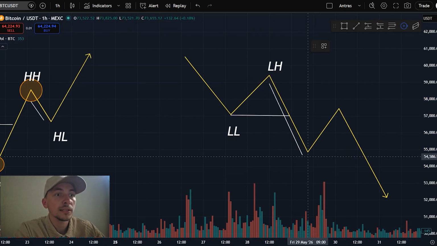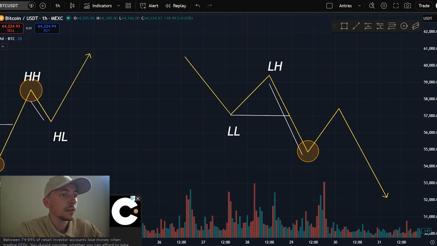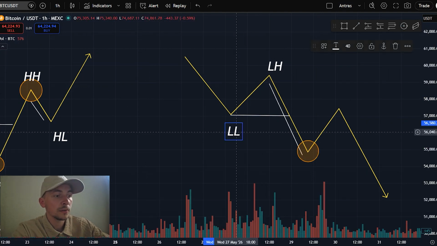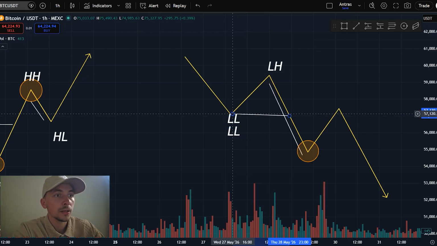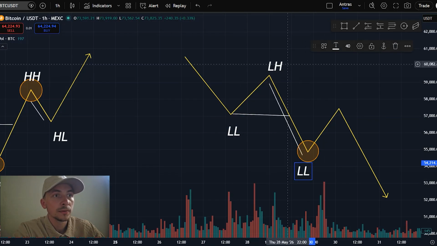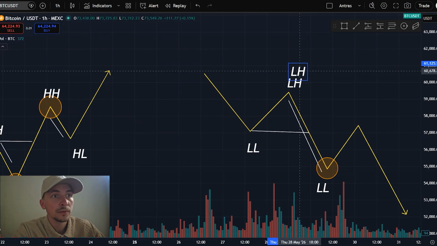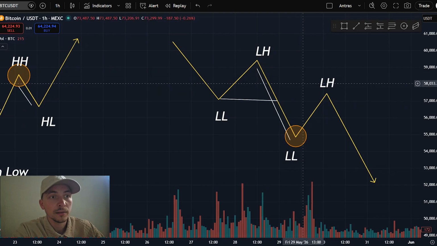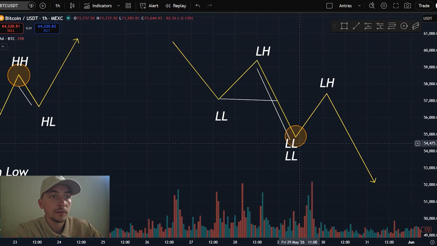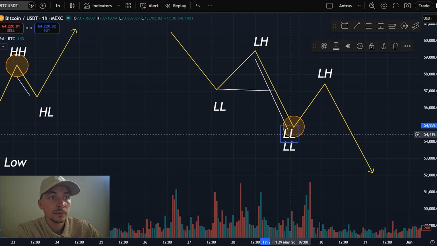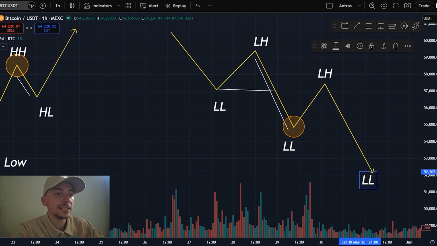So here we're going to have a new lower low. Correct? Price starts going up, and here we have a new lower high. Once again price goes down, we have a new lower low, and basically so on.